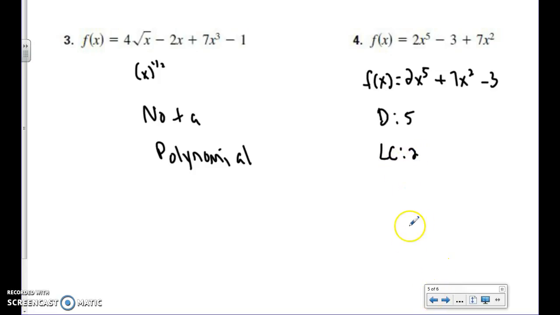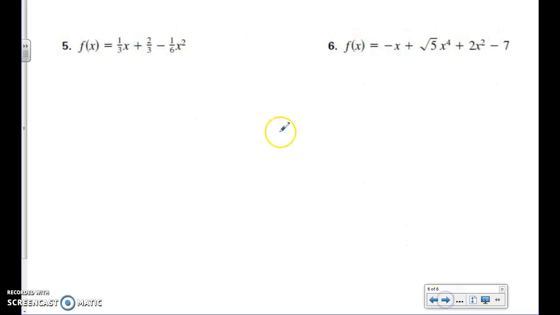Let's do one more, and then we're done. Looking at this, are all of my coefficients real numbers? Yes. Are all my powers non-negative integers? Yes. So we're fine. It's negative 1 over 6 x squared plus 1/3 x plus 2/3. That is my polynomial function.